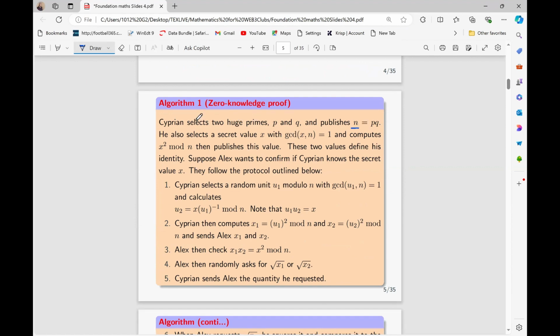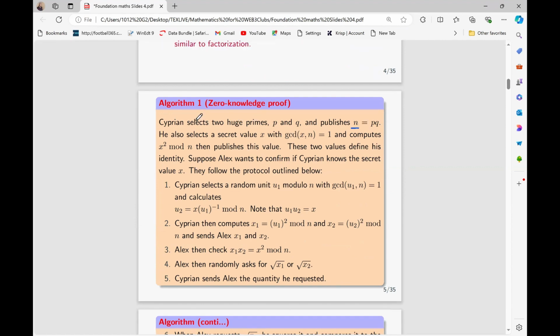So Cyprian selects two prime numbers, then gets their product n, then makes it public. He also selects a secret value x, and this x must be relatively prime to n. In other words, the GCD of x and n should be 1. But he will not publish x. x is the secret. What he'll publish is x squared.